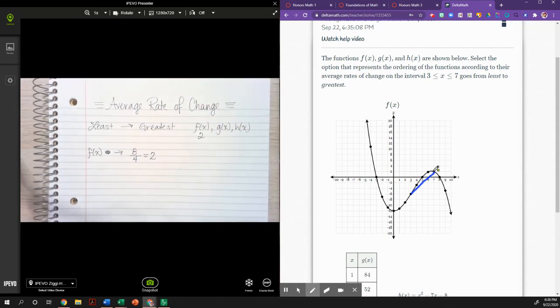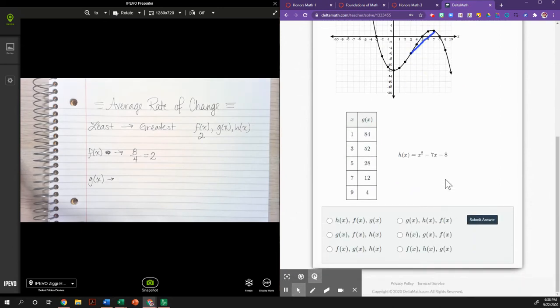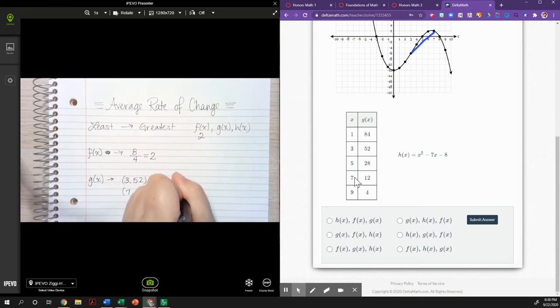Now let's take g of x. I'm going to scroll down here. For g of x, we're looking at the interval from 3 to 7. So I have the point 3, 52, and the point 7, 12. I'm just going to use my slope formula.